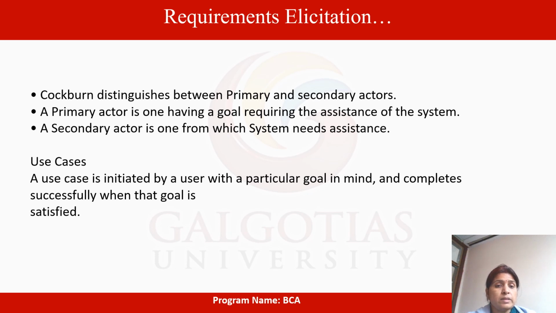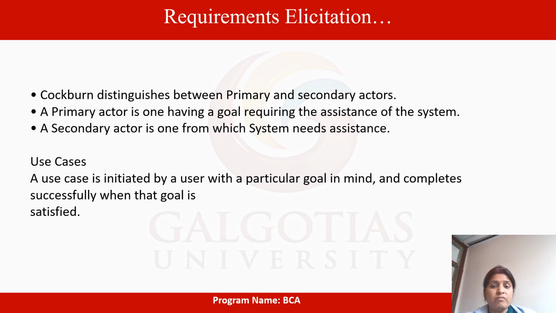So Cockburn distinguishes between the primary and secondary actor. Primary actor is the actor which has one goal and is the main person, an assistant of the system. And secondary actor is the one from which the system needs assistance.